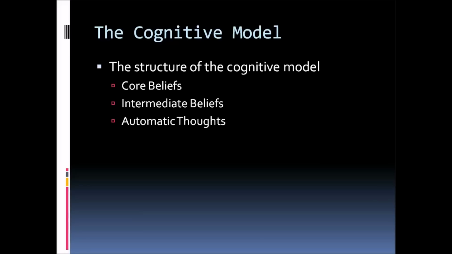So let's start with the structure of the cognitive model. There's several components to the cognitive model. The ones that I'm going to discuss the most are core beliefs, intermediate beliefs, and automatic thoughts.